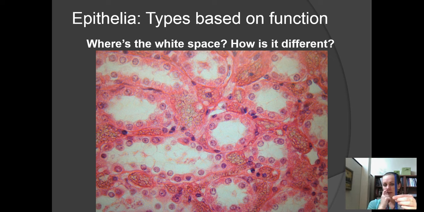This image on your screen is actually looking at the gland this way, and so the center of the gland, where stuff is getting secreted into, is the white space. Here is the surface of the gland, here's another surface of part of the gland, and all around it is going to be epithelial tissue. So anytime you see these white rings, you should be thinking, I'm probably looking at a gland, and the tissue right next to the white ring is going to be epithelial tissue.